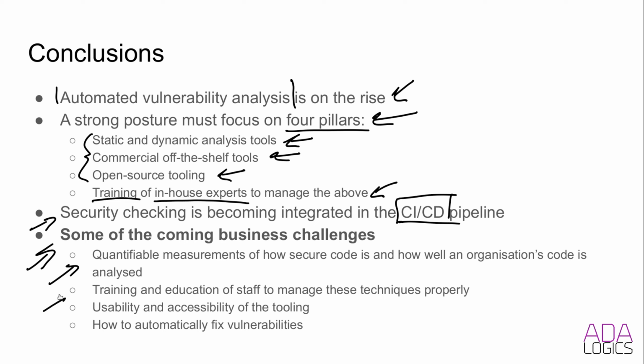There's also training and education of staff in order to manage these techniques properly. That's also a problem that businesses must face. And finally, learning how to use these tools automatically, which is related to training, and then also how to automatically fix these vulnerabilities provided by the tools.